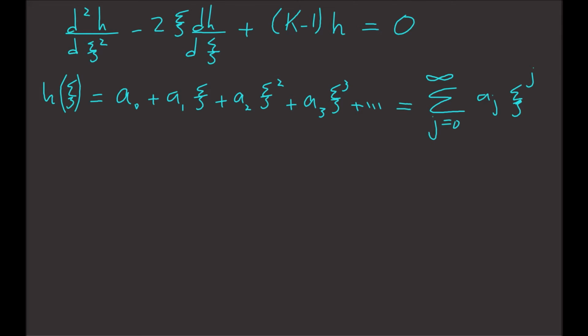So if we take one derivative of this, dh d squiggly, we get 0 from a naught.